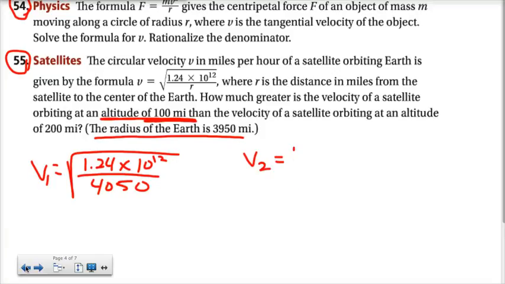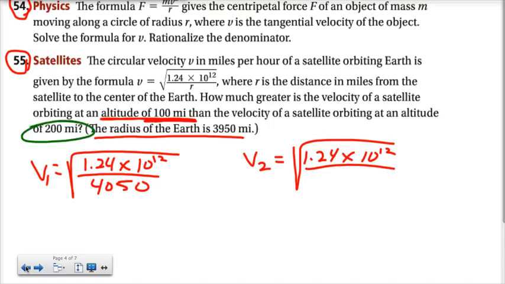Second velocity, square root of 1.24 times 10 to the 12th. This time the radius was 3,950, but we are supposed to check that out for an altitude of 200. Now the reason we're going to do this is I'm going to draw a little Earth here. This would be the radius, but notice if we're out here, we have an additional amount that we have to add onto that for the orbit.